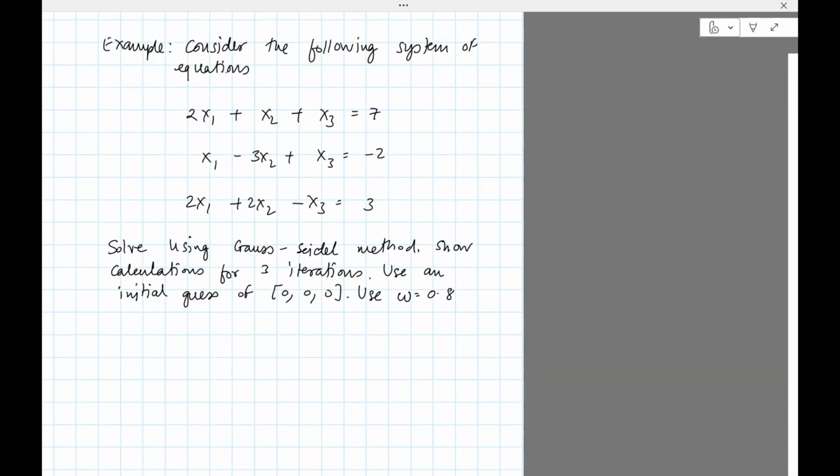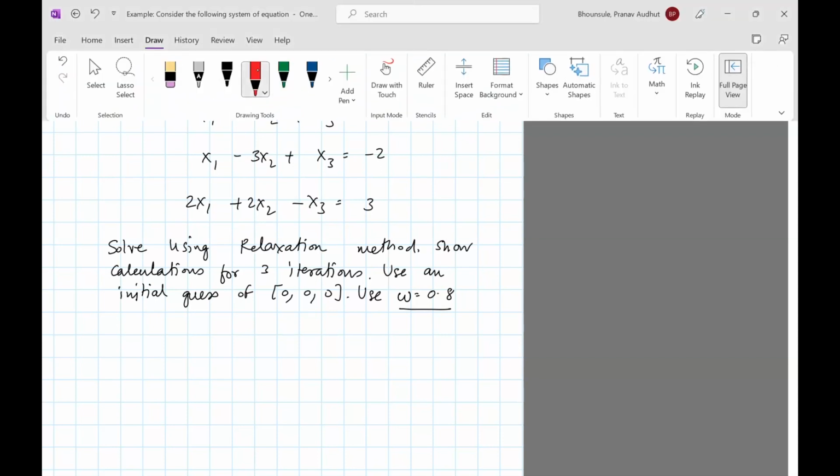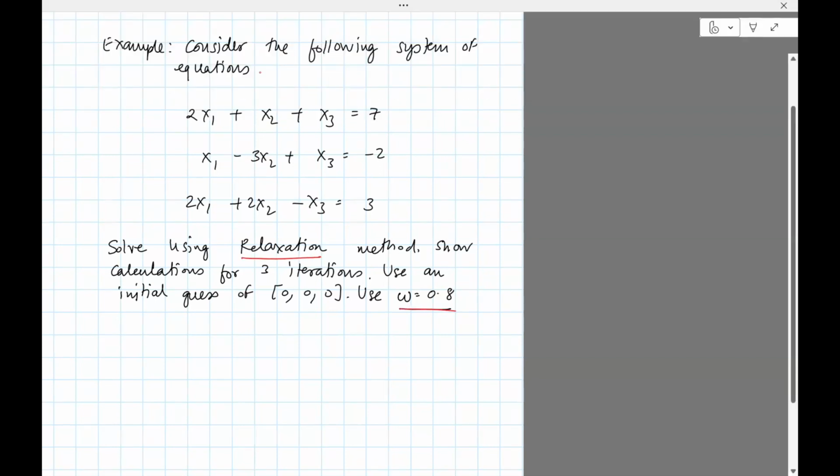The only change is that I need to tell you to use the relaxation method, and then this is the new thing. As I said, I will not do this by hand, but you should be able to do this by hand. I'll make you do it in the homework. This is the table generated by my code, and I'll be sharing code in just a bit.